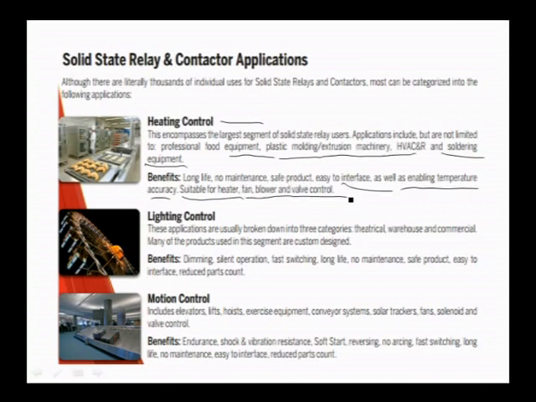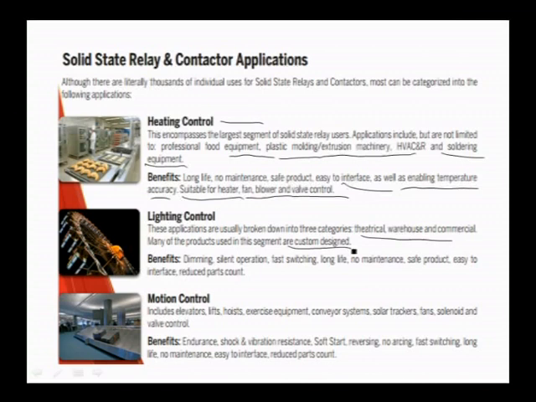Next, lighting control. Another important application of solid state relays is in lighting control. They break it into three categories: theatrical, warehouse and commercial. These are custom designs, meaning the controls are designed as per the requirements of particular customers.